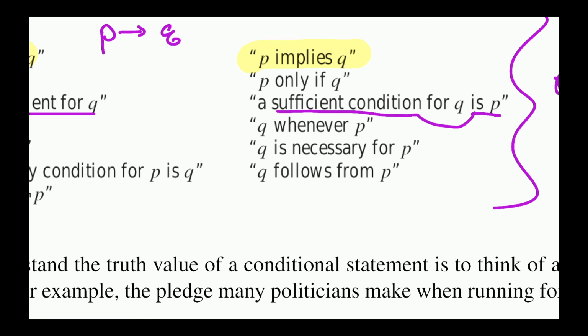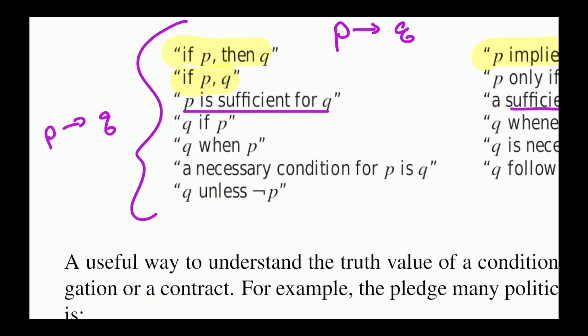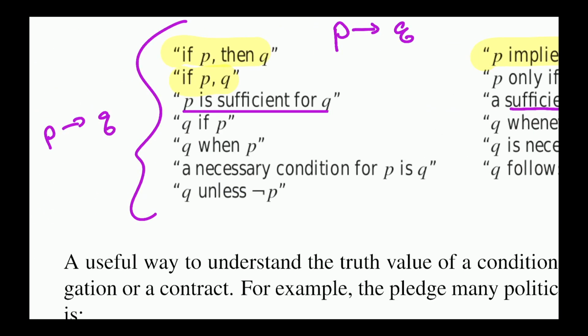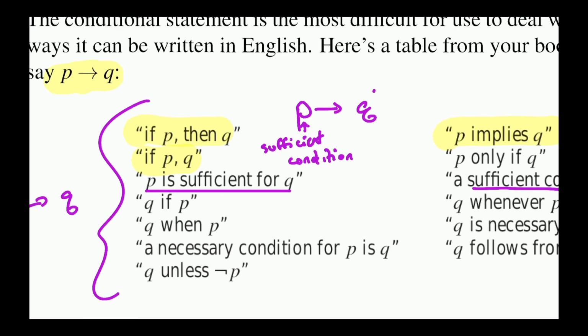Now it says for Q, but what are they describing as sufficient? They're describing P as sufficient. And here it says P is sufficient. So they're describing P as sufficient. So this is called the sufficient condition. And the Q is called the necessary condition.